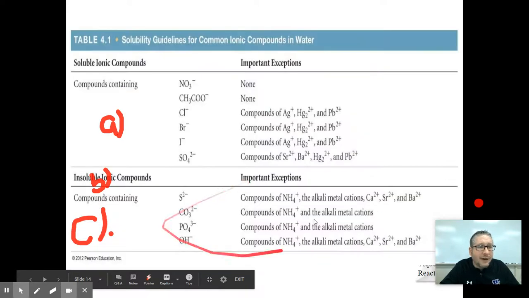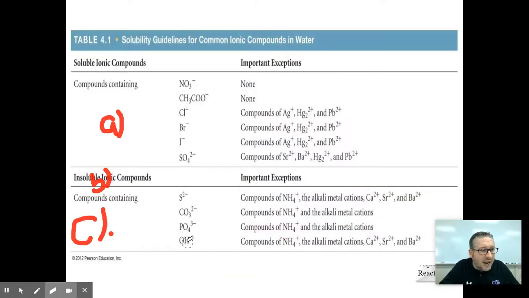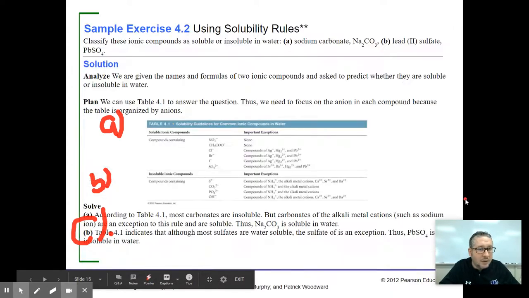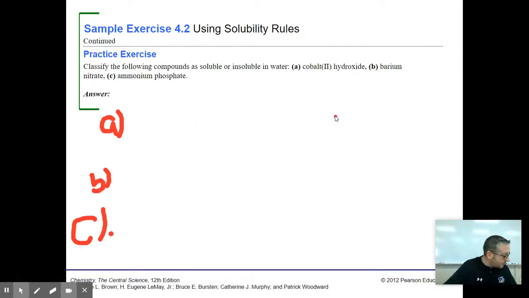Hydroxide is down here with the insoluble compounds. Hydroxide becomes soluble when it's bonded with either ammonium, alkali metals, or calcium, strontium, or barium.